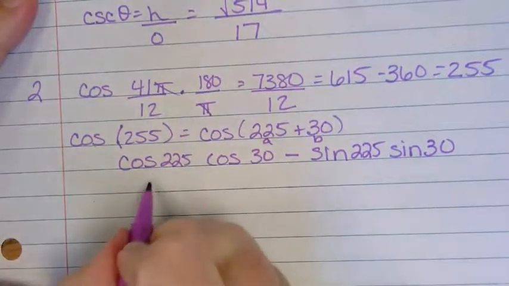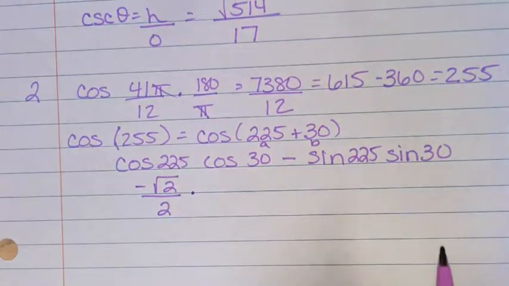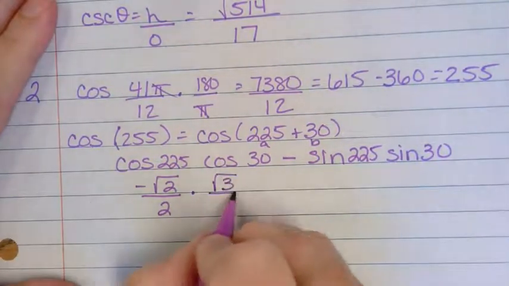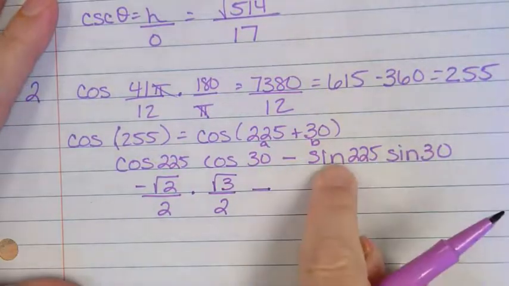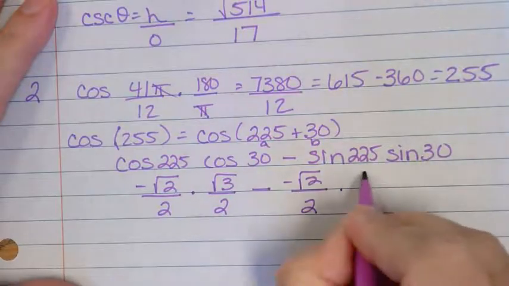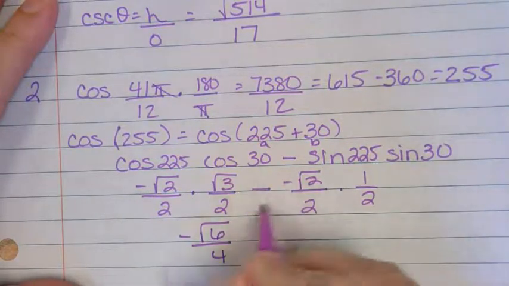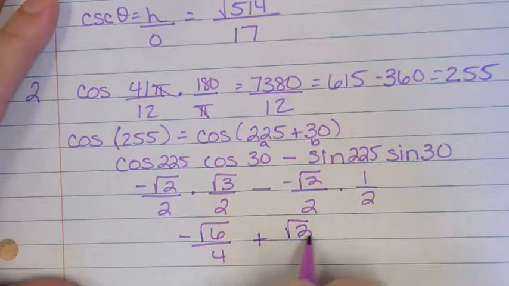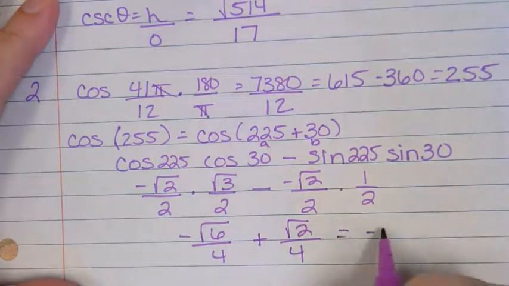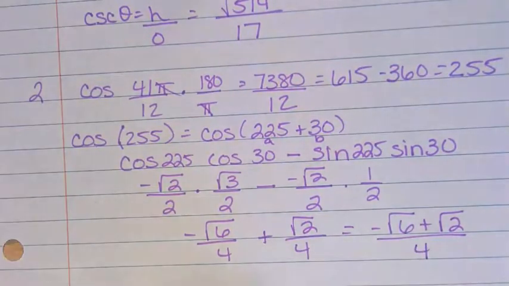Cosine of 225 is negative square root 2 over 2 times cosine of 30 square root 3 over 2 minus sine of 225, negative square root 2 over 2 times 1/2. So negative square root of 6 over 4. 2 negatives give me a plus, square root 2 over 4. And the best I can do is rewrite it, but not combine the radicals, so sorry.